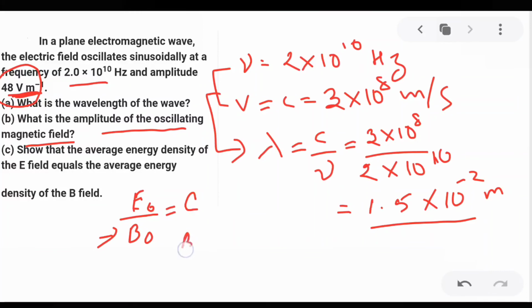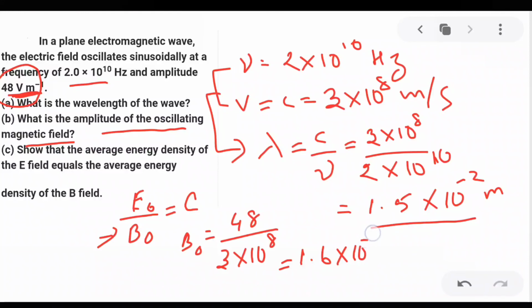So B naught will be equal to 48 divided by 3 into 10 power 8. So this is equal to 1.6 into 10 power minus 7 Tesla. So this is the amplitude of the oscillating magnetic field.